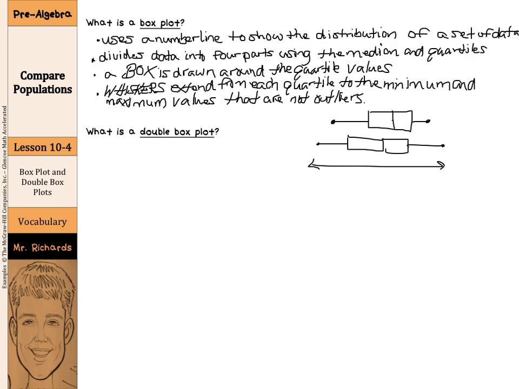So that way we can compare two populations. So we can write that a double box plot consists of two box plots graphed on the same number line.